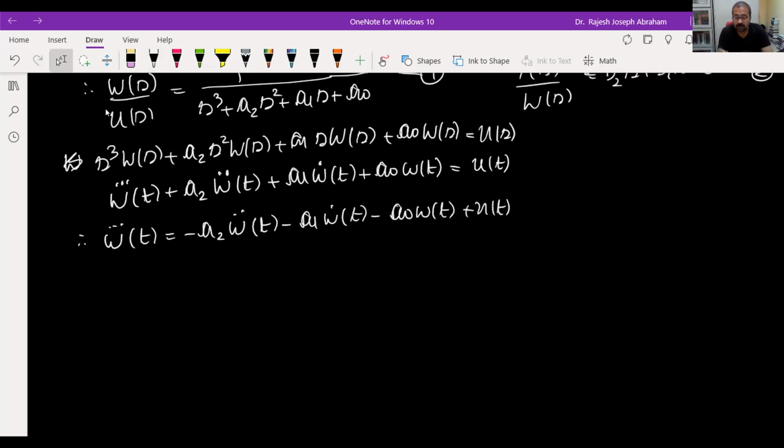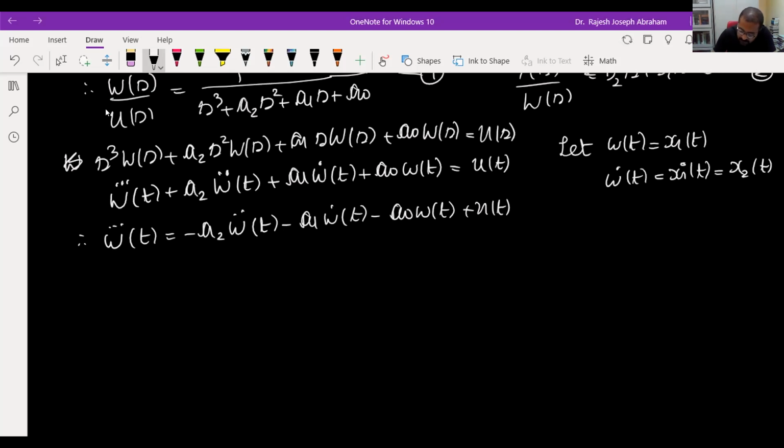Now I will define, let w of t as x1. So what will be w dot t? It will be nothing but x1 dot t, which is nothing but x2 of t. Up to which point do I need to go? I need to go up to w triple dot t. w double dot t will be x2 dot, which is nothing but x3 of t.